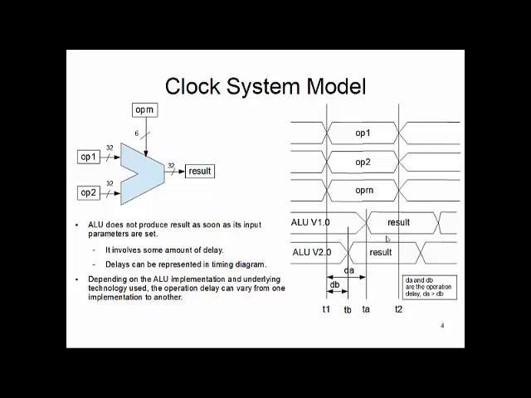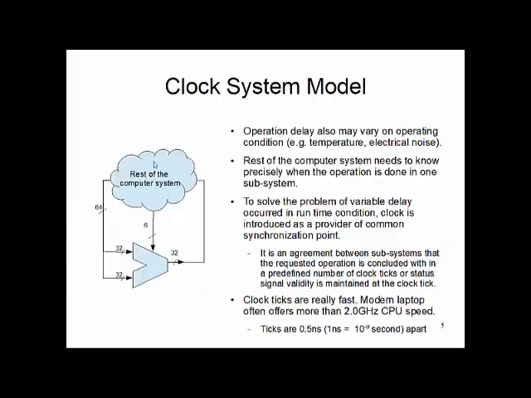But what we can claim from the system perspective is, I'm giving you some data to crunch at time T1 and I'll get back the result at T2. You better make sure that you compute the result within that delay. And that T1 and T2, this reference time to both the ALU and the rest of the computing system, is given by the clock.